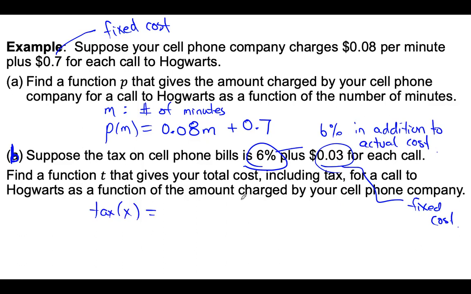So we pay the amount plus 6%. So it's going to be 1.06 times our x plus 0.03. So this is what you pay.